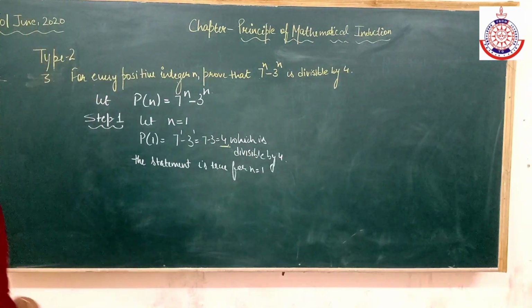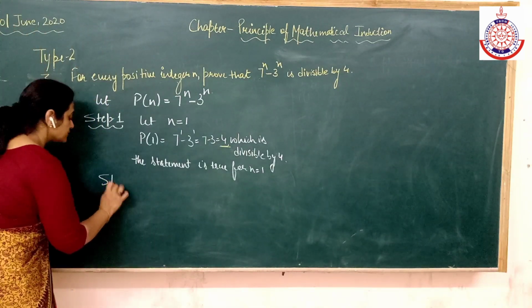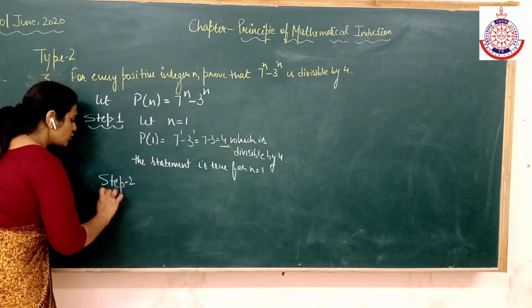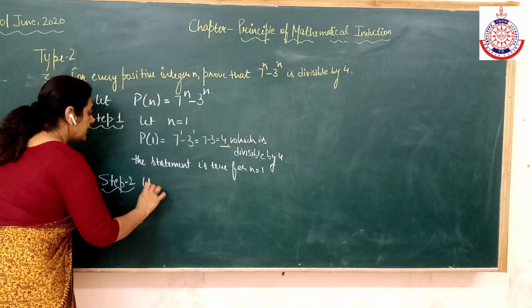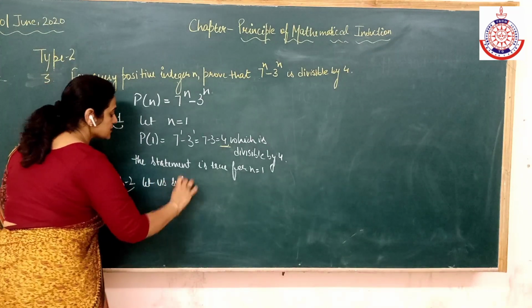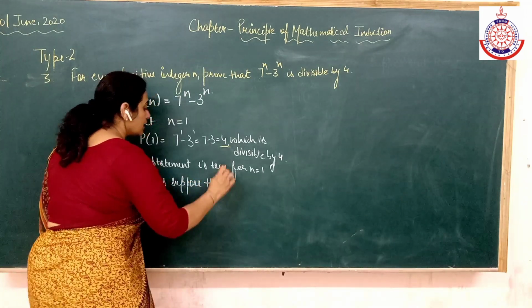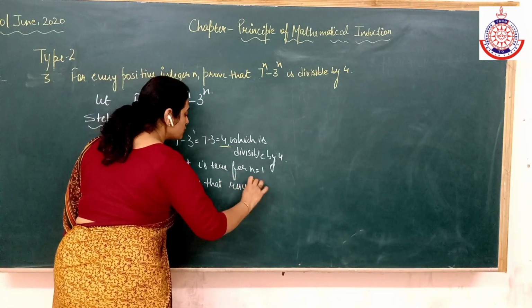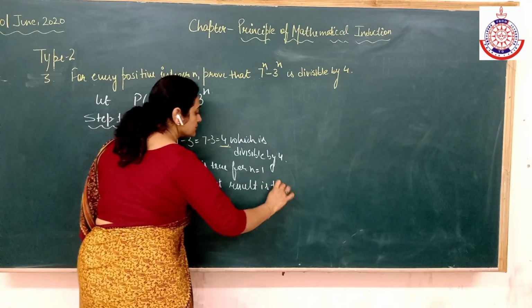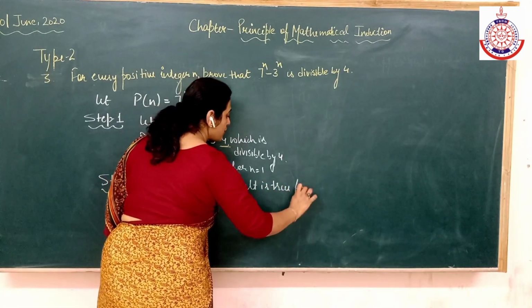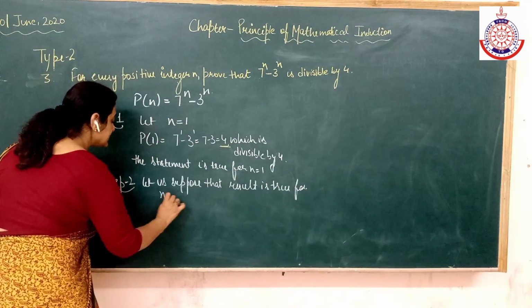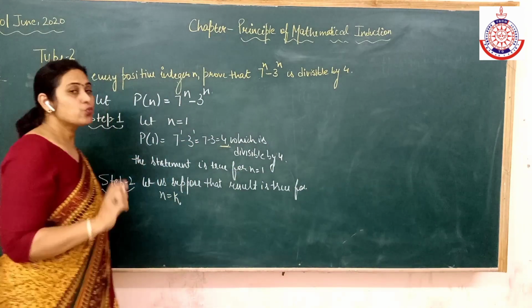Alright. Now what is step 2? What do we assume in step 2? Let us suppose that the result is true for n is equals to k. That means, what am I assuming?